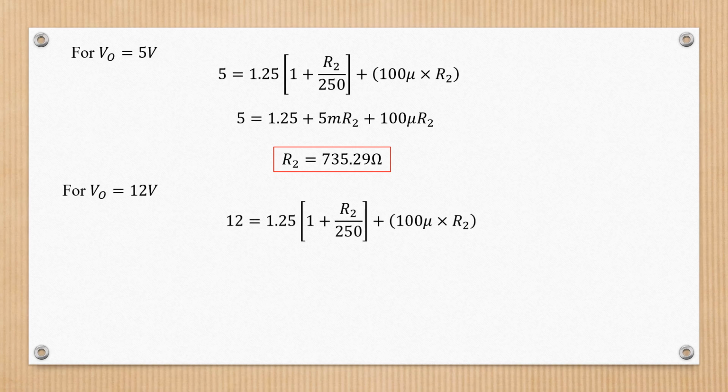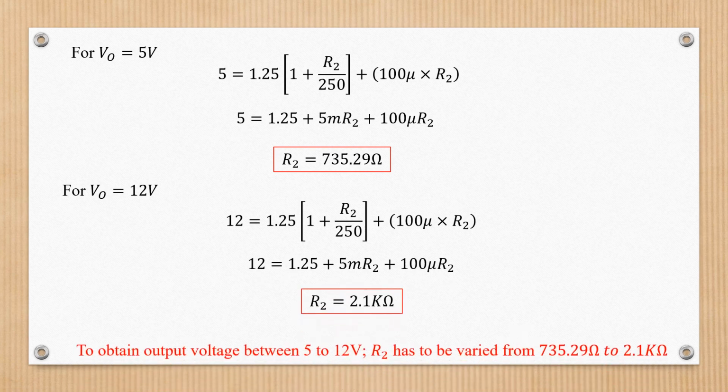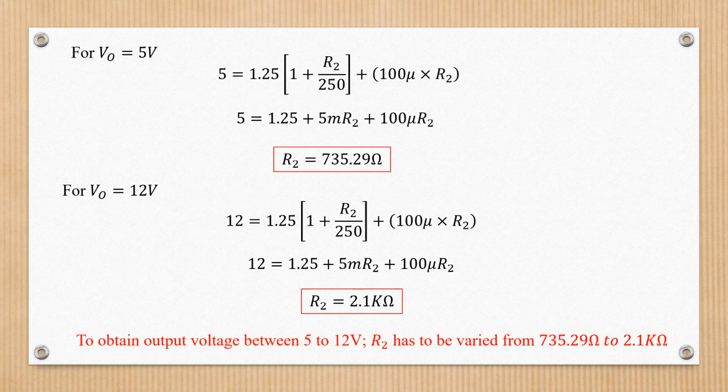Suppose the output voltage is 12 volts; again we use the same expression, substitute the value of 12 volt, and we get R2 equal to 2.1 kilo ohm. Therefore, to obtain the output voltage between 5 volt to 12 volt, R2 has to be varied between 735.29 ohms to 2.1 kilo ohm.